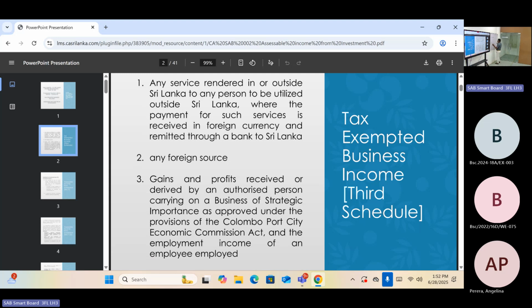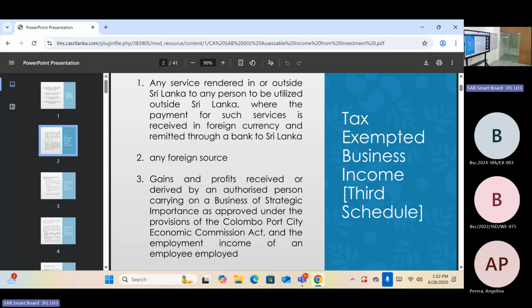Any person who has invested in Colombo Port City for some activity, if somebody is getting income from there, that is also tax exempt. Currently, that exemption is still there. Any person doing business in Colombo Port City, that entire business income and employment income is tax exempt.